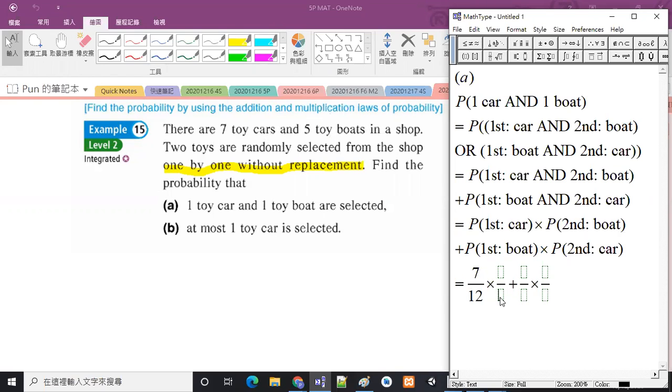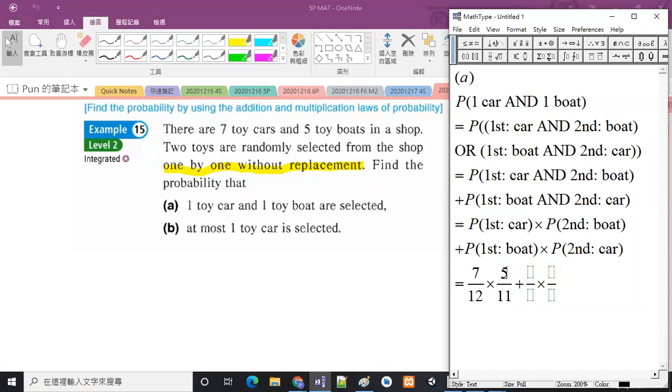Okay, so there will be only 11 options remaining when we do the second selection. Okay, among the remaining 11 options, how many of them are toy boats? There will be 5, because the selected one was a car. Okay, it did not affect the number of toy boats here.